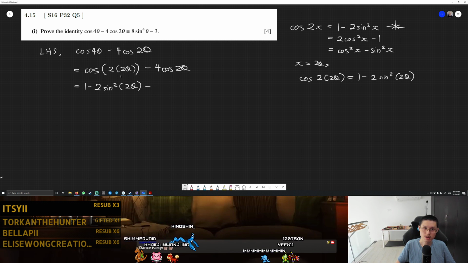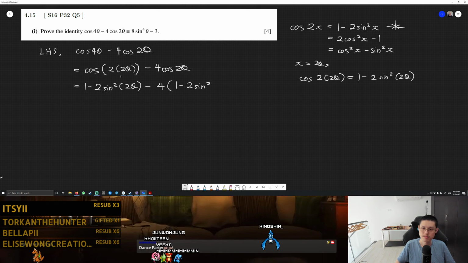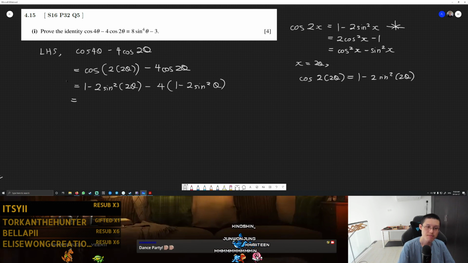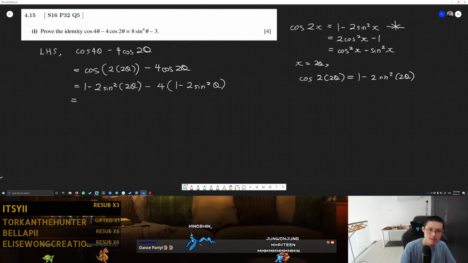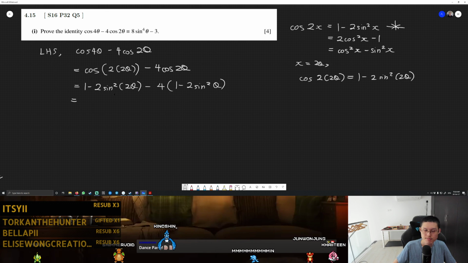And then here you have cos 2 theta, so we're going to write that as that. Okay, and now we have to use the double angle formula for sine. Wait, let me think.